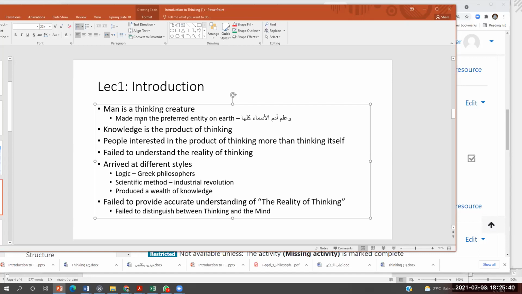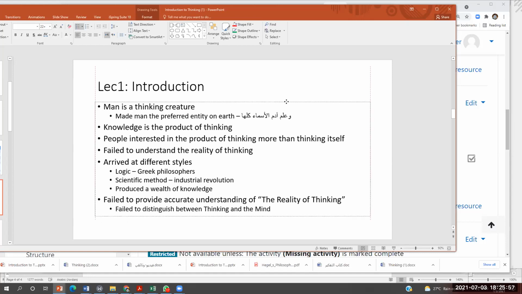But once we go deep into the topic, we will explain what the actual activities of creatures other than the human are, and those are not thinking, according to the definition that we will adopt and clarify. Nevertheless, whether man is the only thinking creature or not is not the issue. But we know that man is a thinking creature, human.